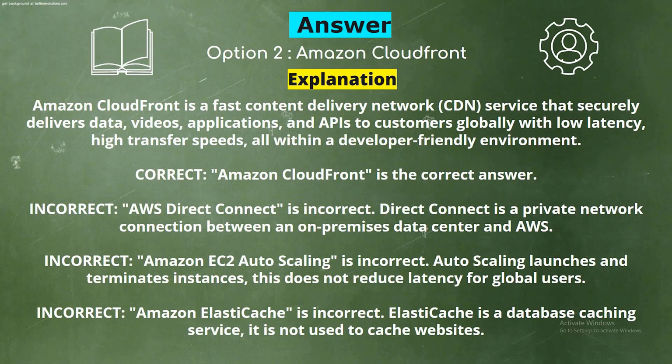AWS Direct Connect is incorrect. Direct Connect is a private network connection between an on-premises data center and AWS. Incorrect. Amazon EC2 Auto Scaling is incorrect. Auto Scaling launches and terminates instances. This does not reduce latency for global users. Incorrect. Amazon ElastiCache is incorrect. ElastiCache is a database caching service. It is not used to cache websites.